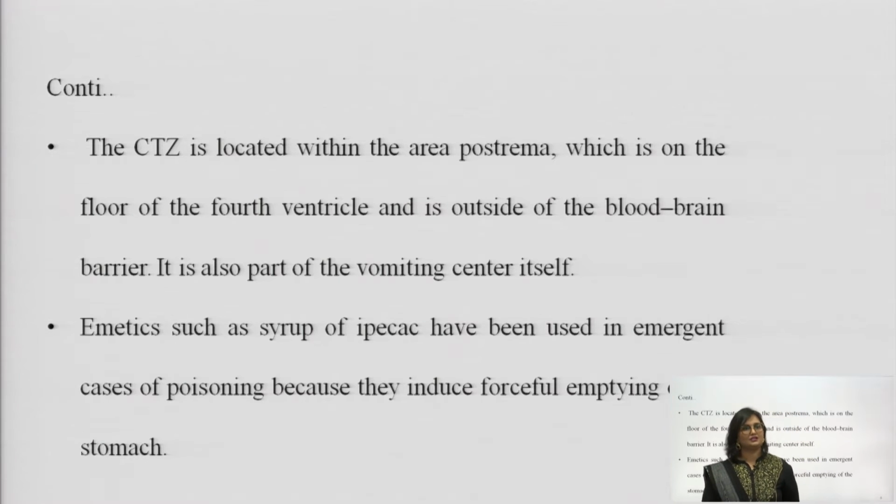It is also a part of the vomiting center itself. Emetics such as syrup of ipecac have been used in emergent cases of poisoning because they induce forceful emptying of the stomach.